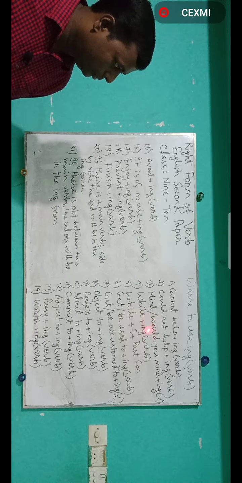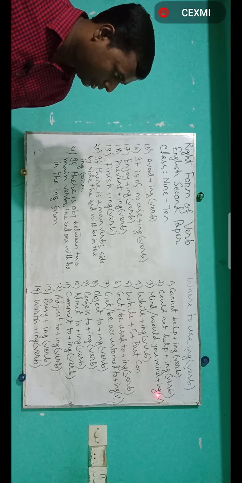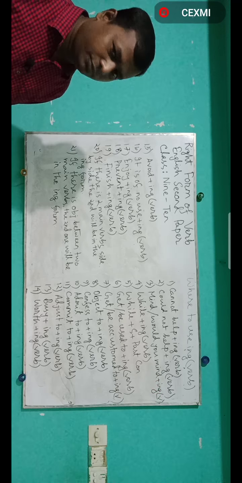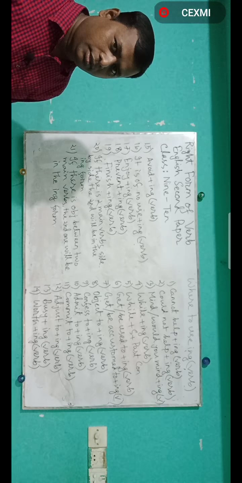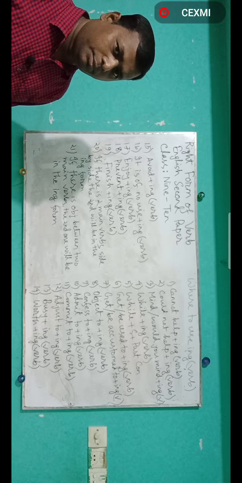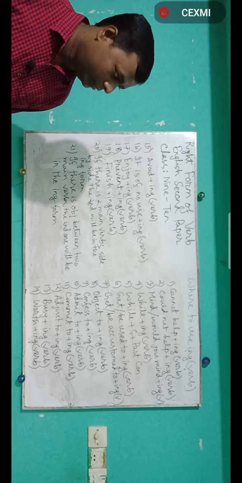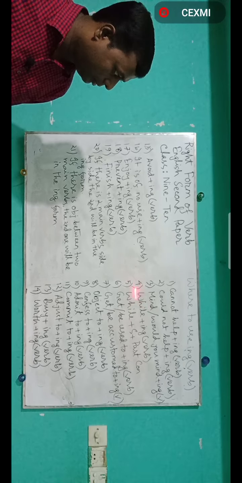Mind or would you mind plus ing form of verb. After mind and would you mind, ing form of verb is used. For example, would you mind having a cup of tea, or would you mind having lunch, or would you mind going there?